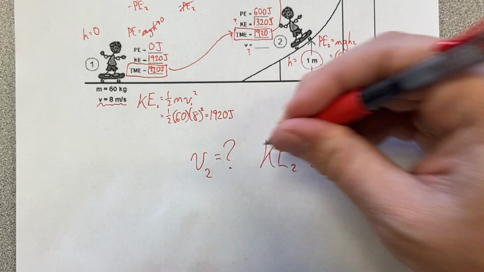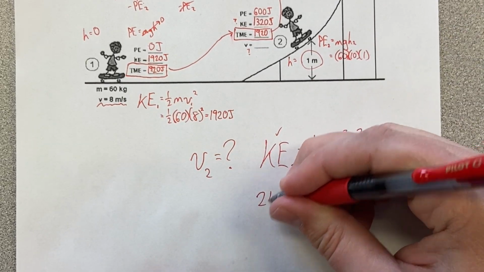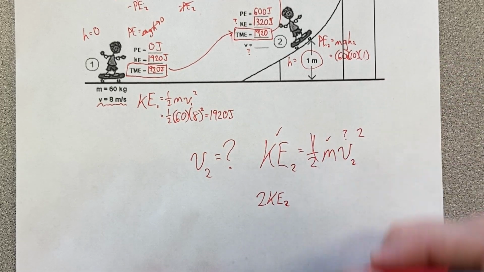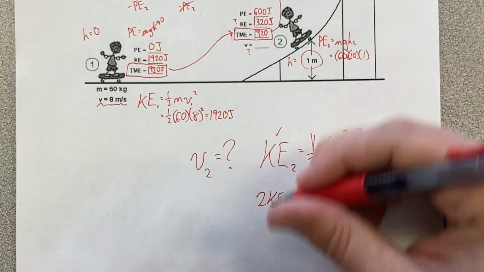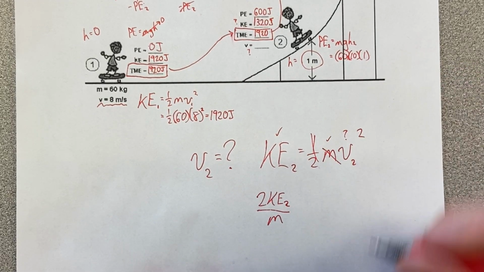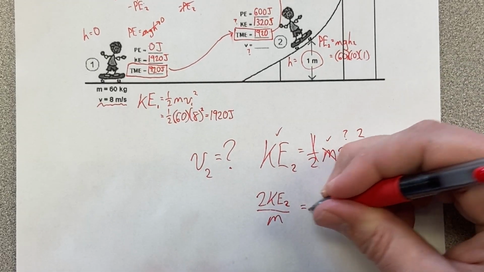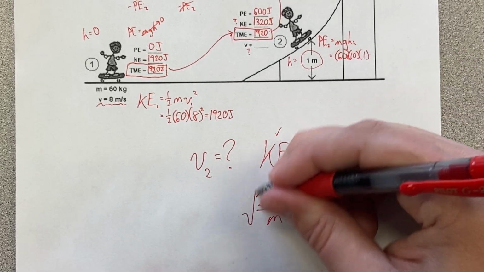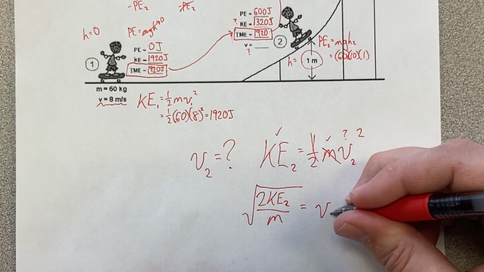I would multiply both sides by 2, that gets rid of my half. Divide both sides by m, that gets rid of this mass here. And then I would need to square root it to get rid of the v squared.